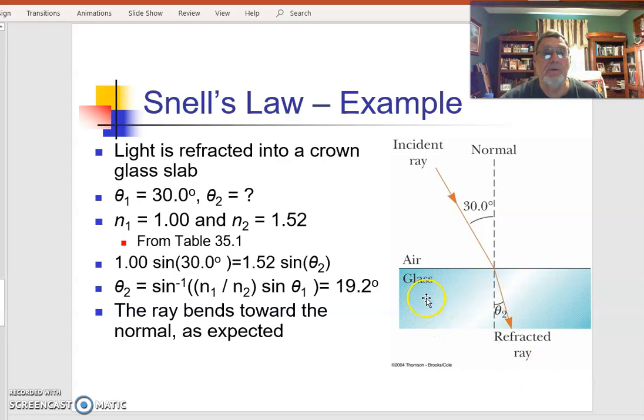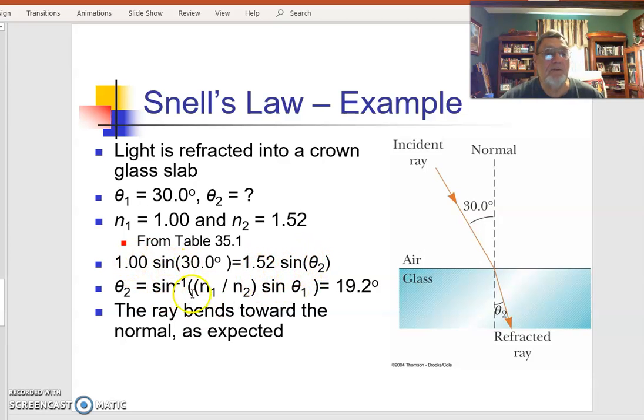So here's an example of the type of problem that we'll do. We'll have an incoming ray, they'll give us the angle of incidence, and we'll predict what the refracted ray is. So basically you just identify your angle, identify your index of refraction. So we're in air here, which is 1. We're coming in at 30 degrees. We know that this is glass, so we look up the index in that table, 1.52, and then you just plug them in, 1 sine 30, 1.52 sine theta 2.